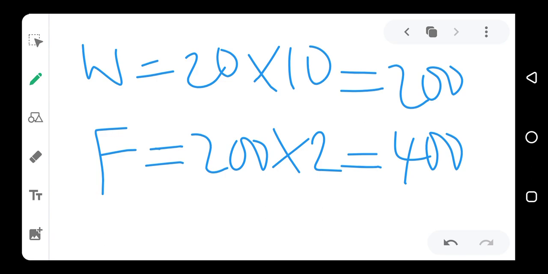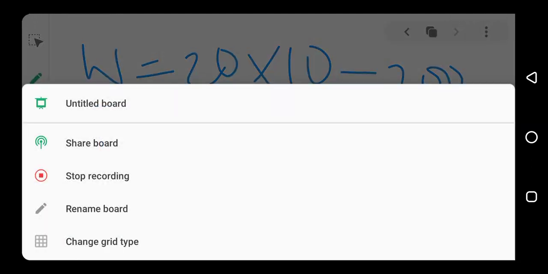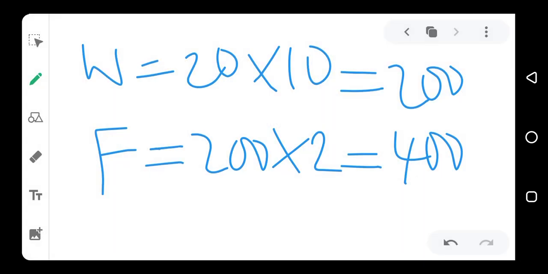Sorry, this is the load; the weight is the force.